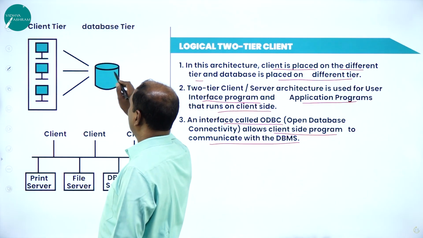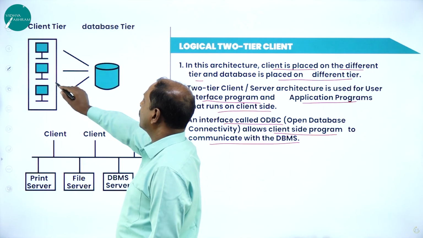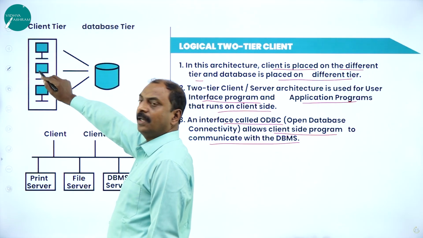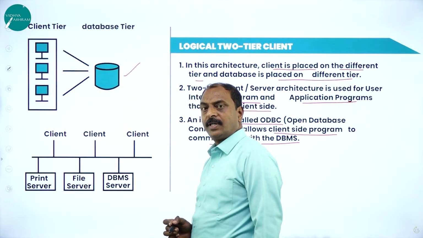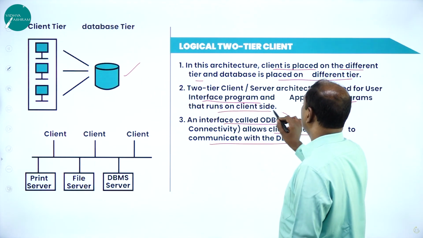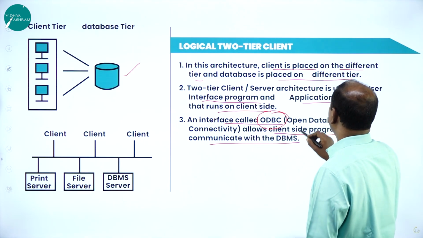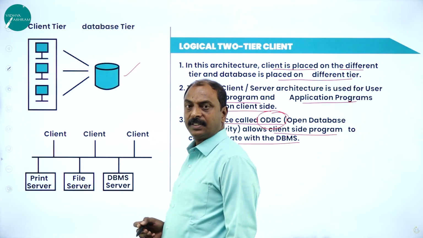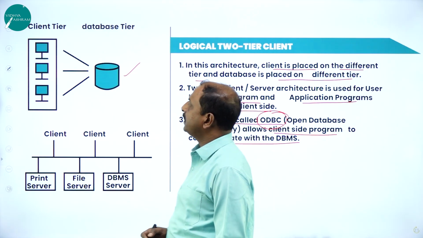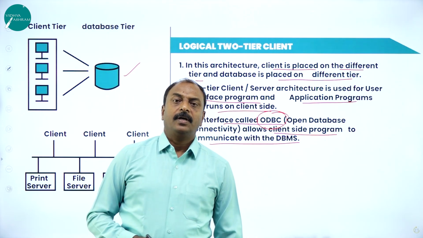These two are on different tiers, so how do they communicate? The client communicates with the database server through ODBC, open database connectivity, which is nothing but an interface. This is how clients and server communicate.